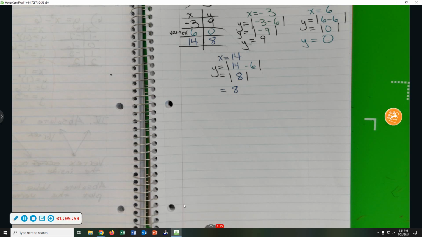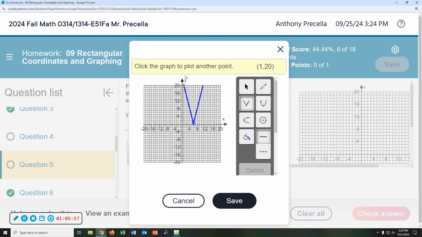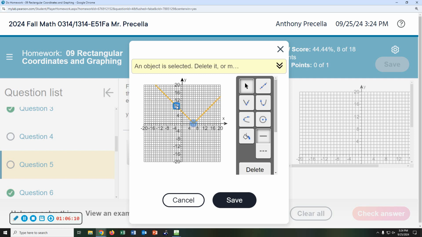So, which one do you want to plot? Let's do the first one. -3, 9. Click it. Now, what was that other point we didn't do? 14, 8.